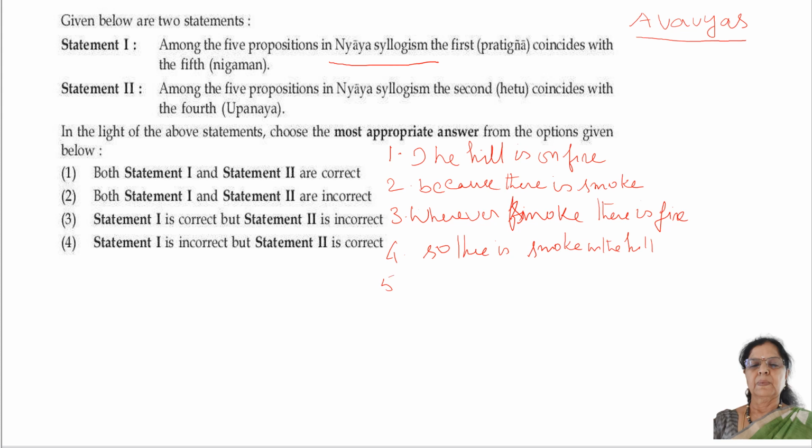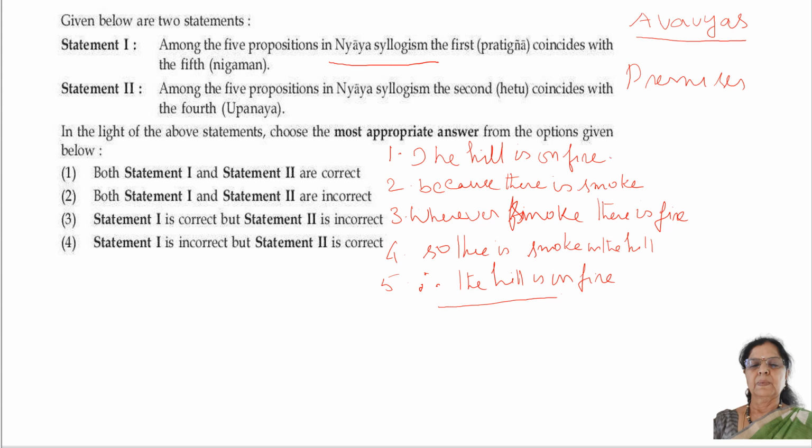And the fifth one is: therefore the hill is on fire. Of these 5 propositions, the first 4 are called the premises, and the last one is the conclusion. Therefore the hill is on fire is the conclusion.